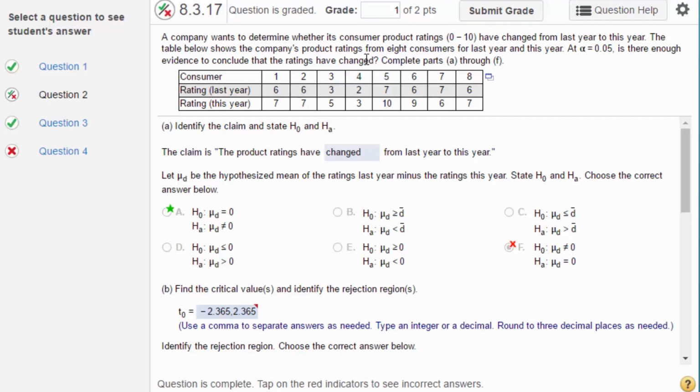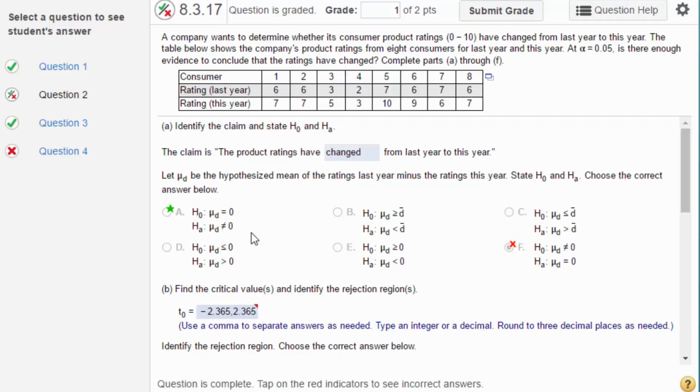If we have an inequality in the mathematical expression of the hypothesis, that has to be the alternative, and that means the claim has to be the alternative. The product ratings have changed, and our setup there is mu d equal to 0 for the null, mu d not equal to 0 for the alternative.